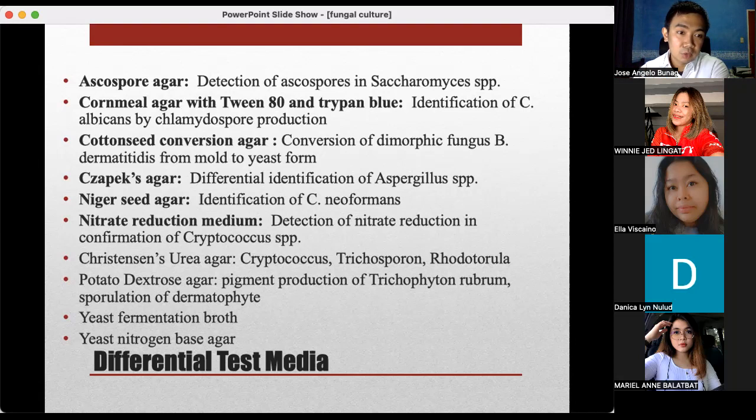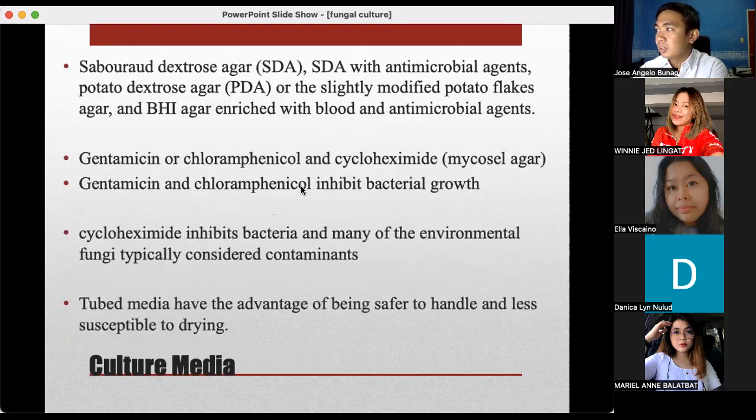Tapos we have your potato dextrose agar for the pigment production of your Trichophyton rubrum, sporulation of dermatophytes, yeast fermentation broth, and yeast nitrogen base agar.